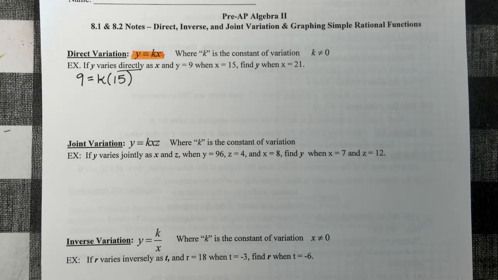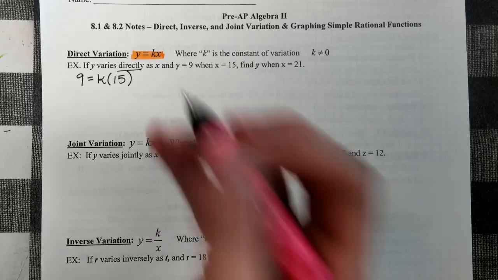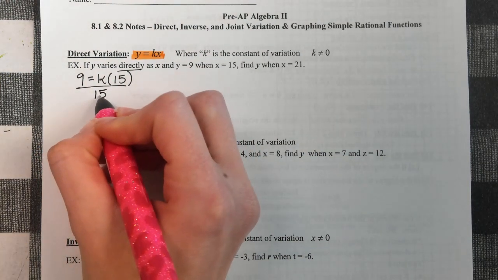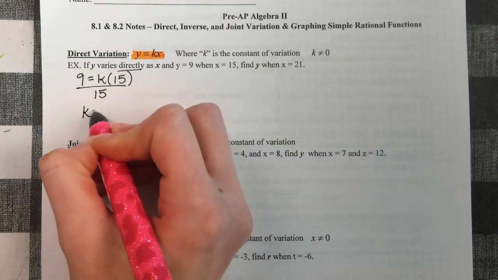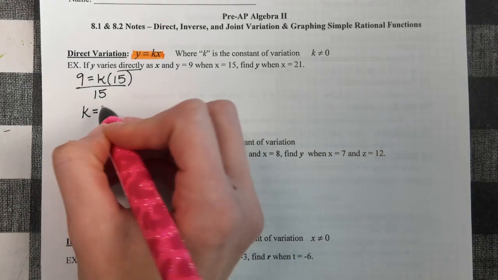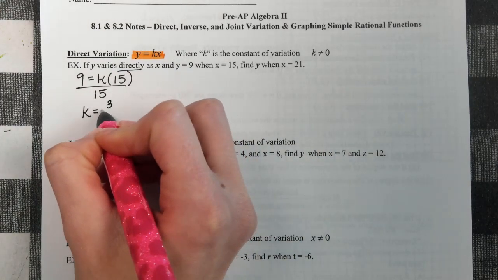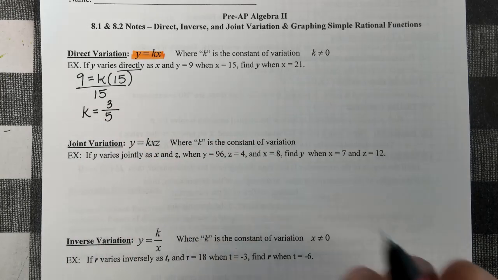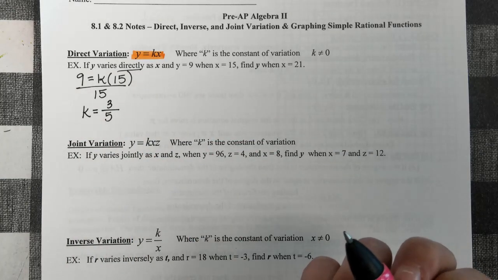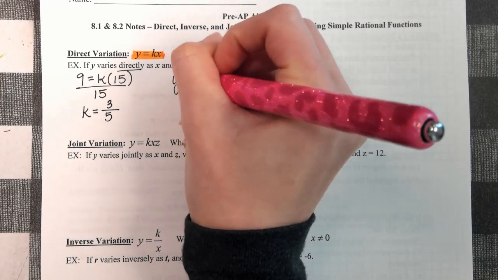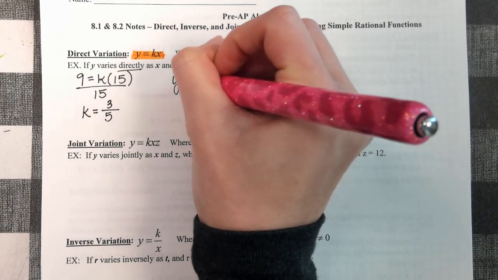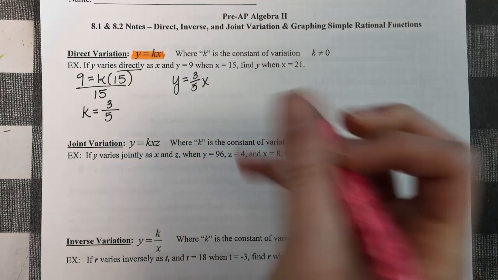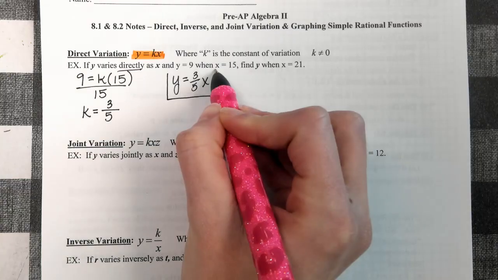If k is being multiplied by 15, what do I need to do to solve for k? Divide by 15. So 9 divided by 15 simplifies to what? 3/5. Good. So we're going to use that k value, and we're going to come up with our equation, y equals 3/5 x. That's our general equation for that relationship.